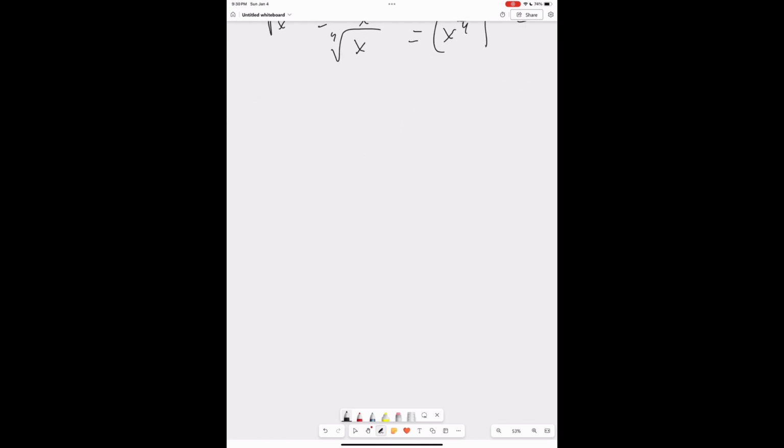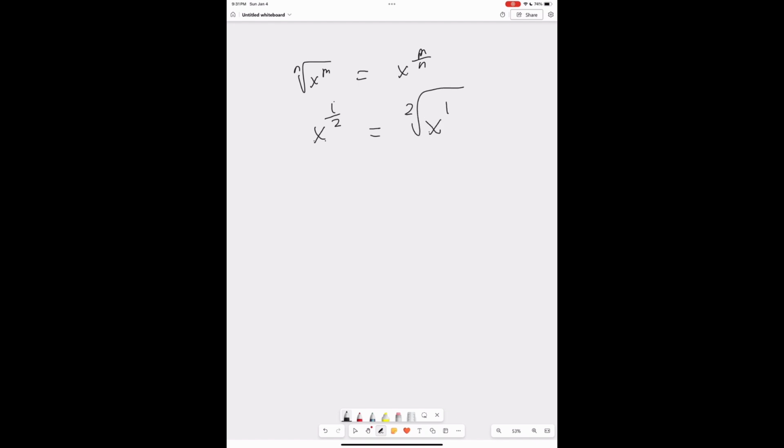So the identity is, if you have x to the m over n, this is the same as the nth root of x to the m. So if we have x to the 1/2, this is the same as the square root of x to the 1.